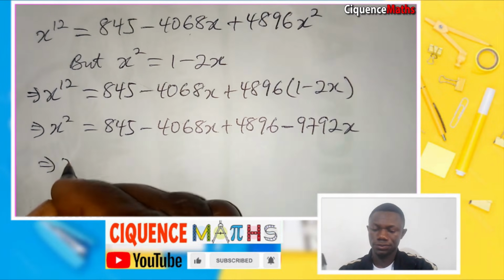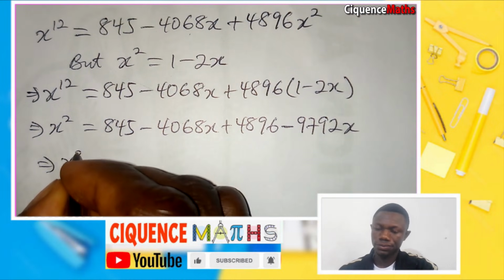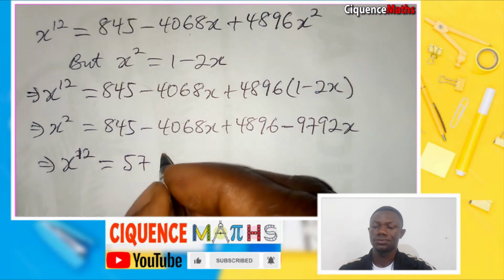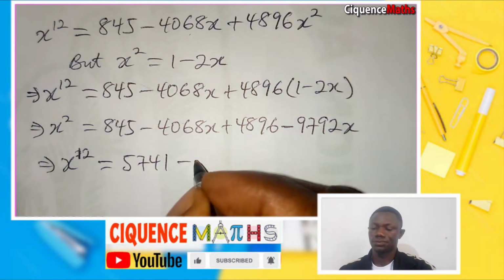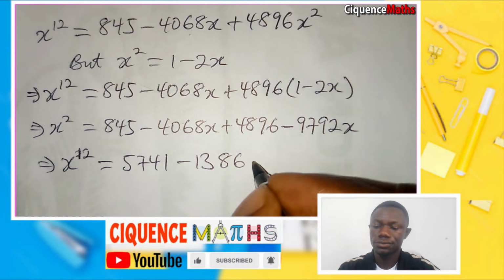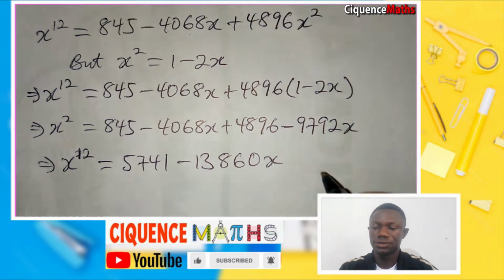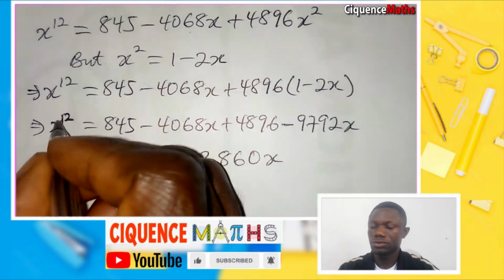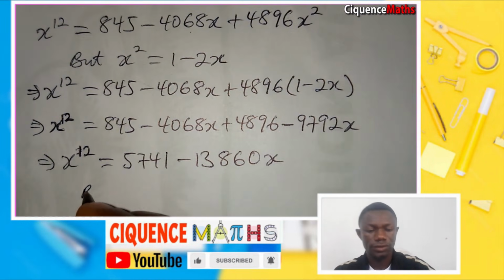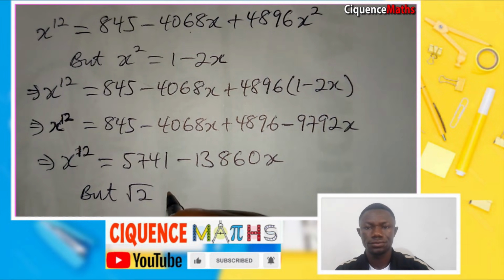So we have x exponent 12 equal to 845 plus 4896, which gives us 5741, minus 13,860x. But we know the value of x to be root 2 minus 1.